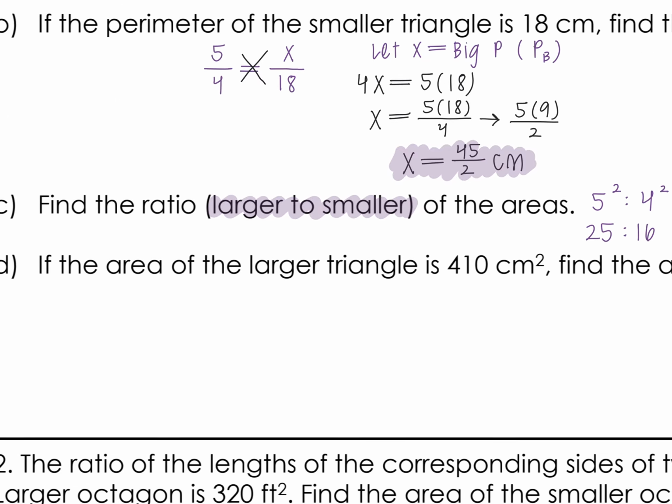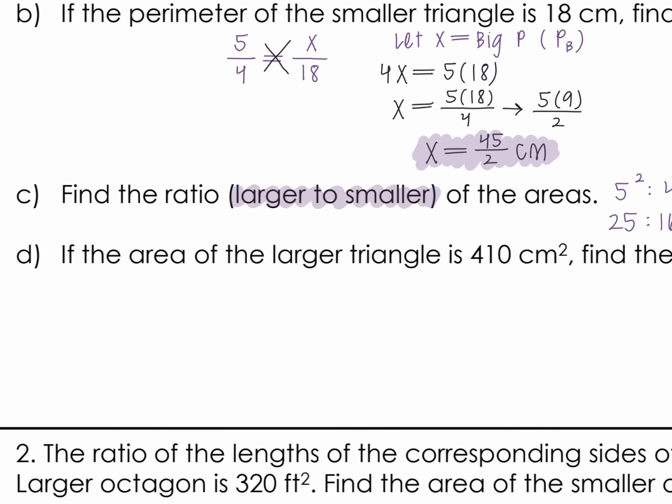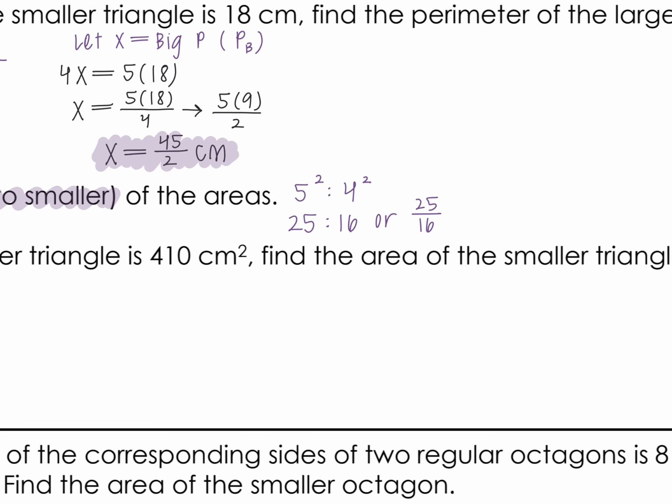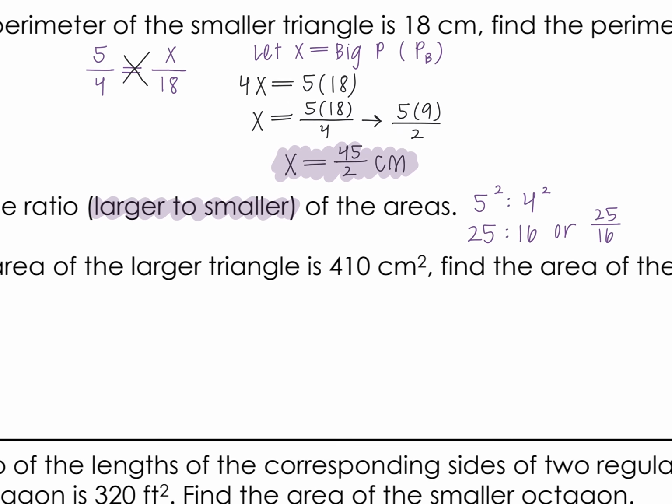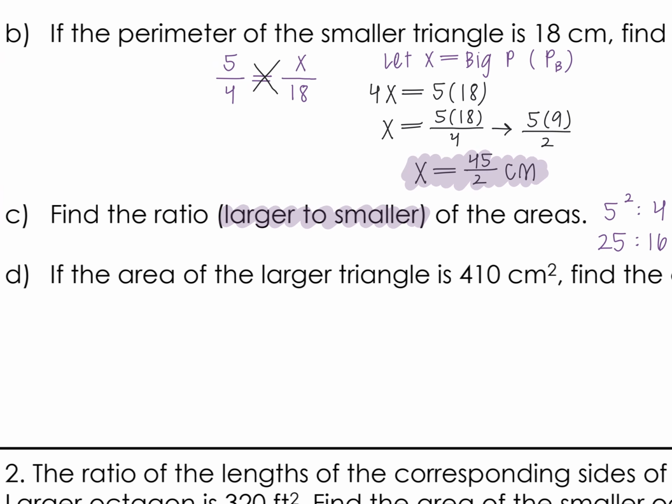Moving into part D. If the area of the larger triangle is 410 centimeters squared, we're asked to find the area of the smaller triangle. So since I'm dealing with area, I'm going to use my area ratio, which was that 25 over 16, is going to be equal, and I'm going to set up my fraction on the right side using that 410, which is the larger.